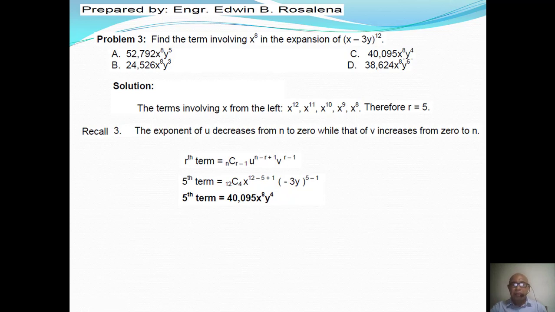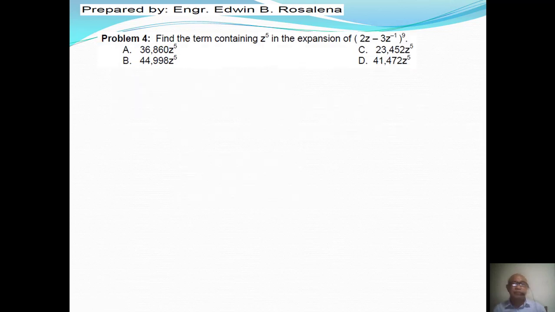Sige. Problem number 4. We have here: find the term containing z to the power 5 in the expansion of (2z minus 3z to the negative 1) raised to 9. So, kung tingnan nyo, very much similar to problem number 3, no?